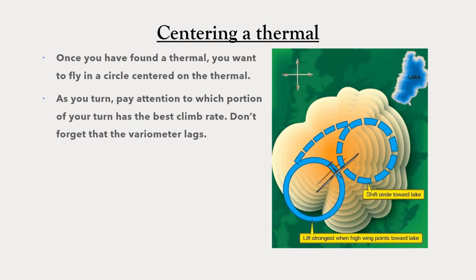So the first step is recognizing where the thermal is, and it's good to pay attention to landmarks on the ground to keep track of where you are. This pilot needs to recognize that the center of the thermal is toward the lake from their current location.